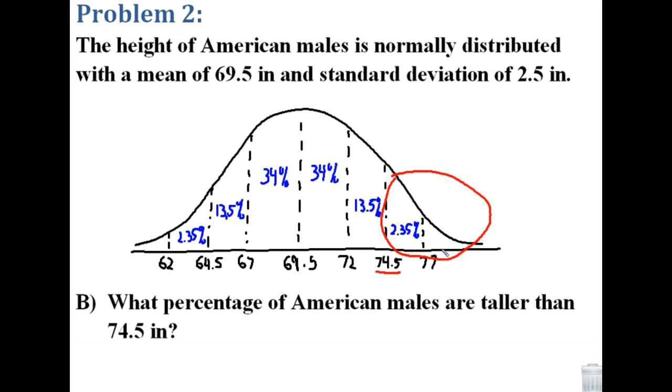Otherwise, we could take the 50% for everything above the mean and then subtract out the 34% that we're not including and the 13.5% that we're not including. That's going to give us everything above, which leaves us with 2.5%.